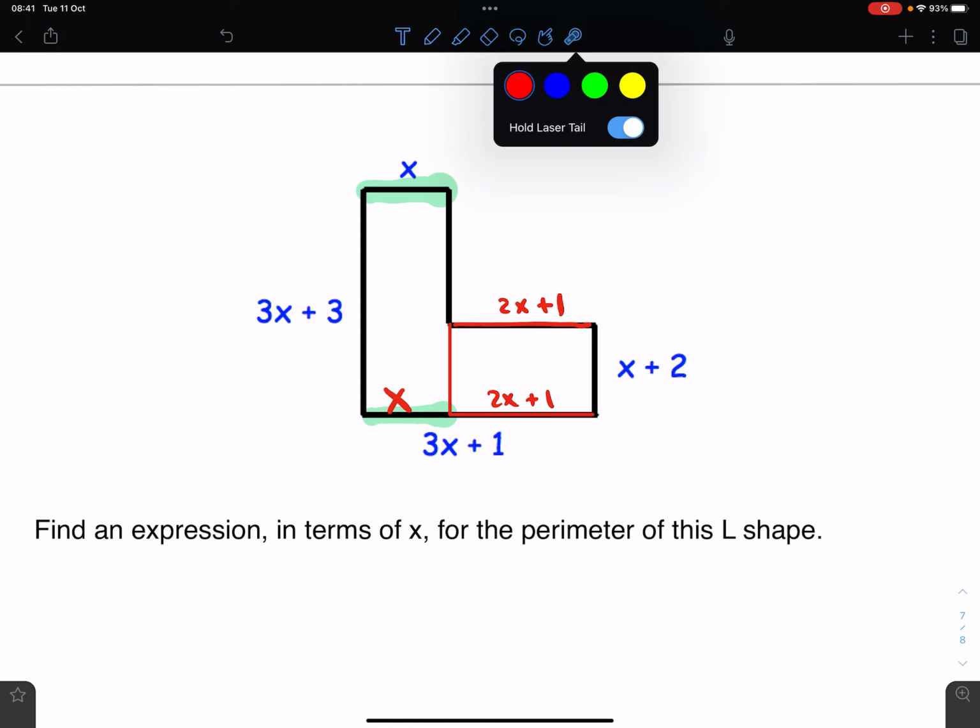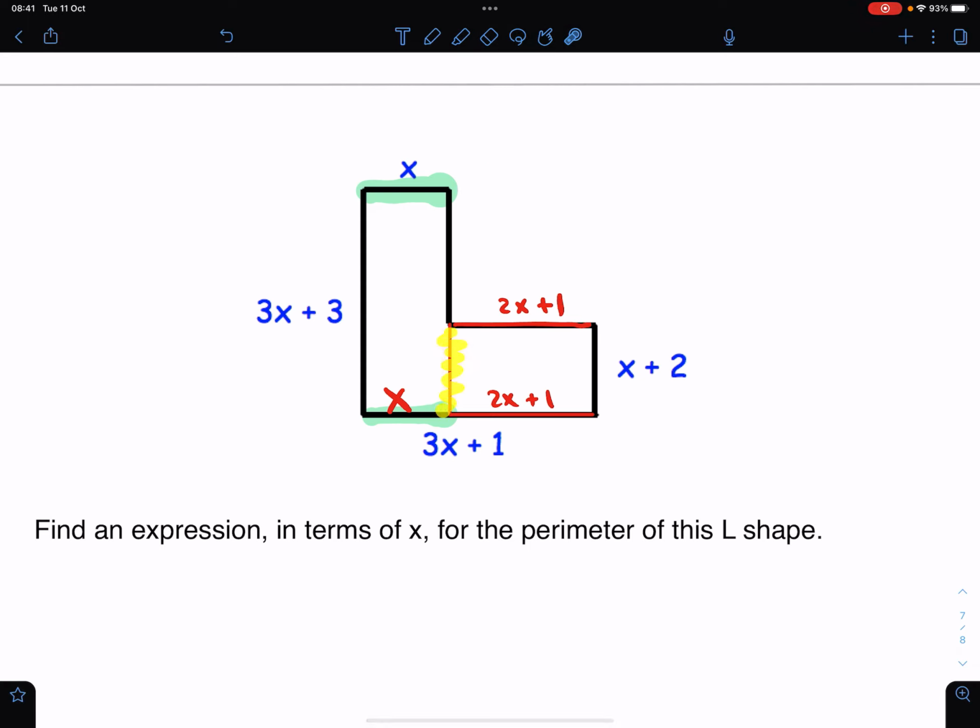Guys, if I'm going to talk about this side over here, so what is the length of this side? Since this is rectangle, x plus 2. So it's going to be x plus 2 over here, x plus 2. So that means altogether is 3x plus 3. So that means I left here just 2x plus 1. Are we okay with this?